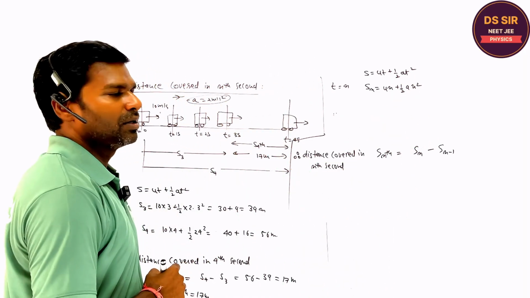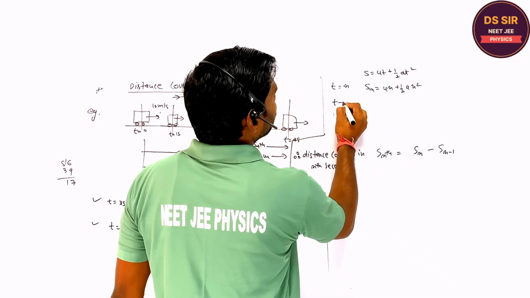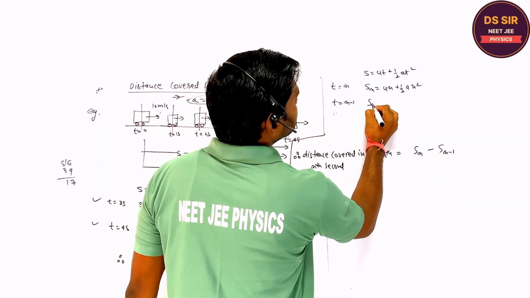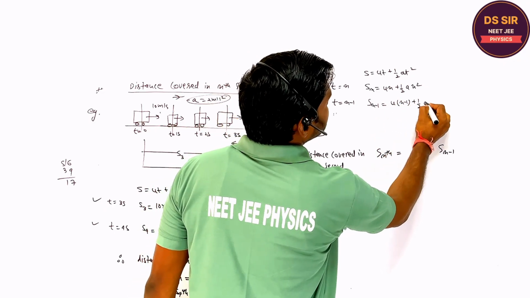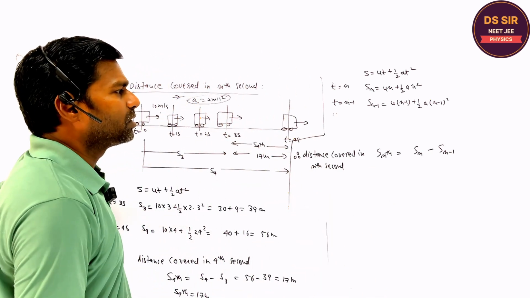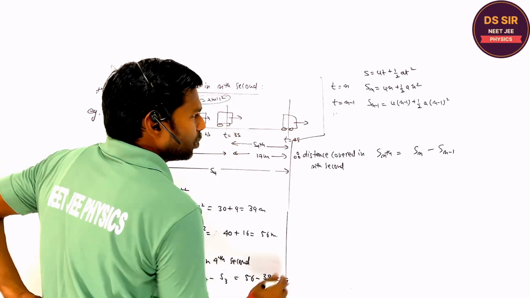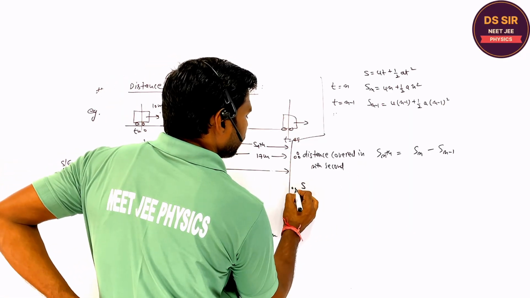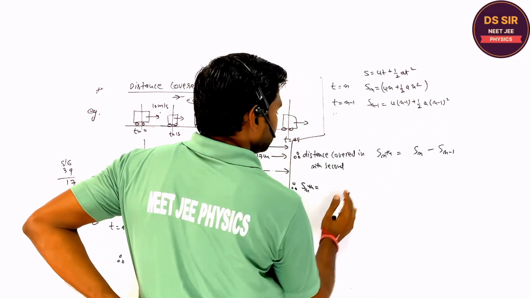You tell. What is the distance covered in n minus 1 second? What is that? u into n minus 1 plus half a into n minus 1 whole square. Is it clear or not, Vrinda? Right. So listen, S nth is nothing but Sn. What is Sn?